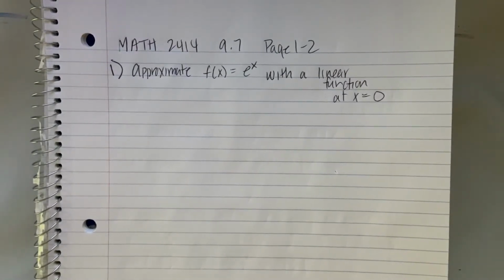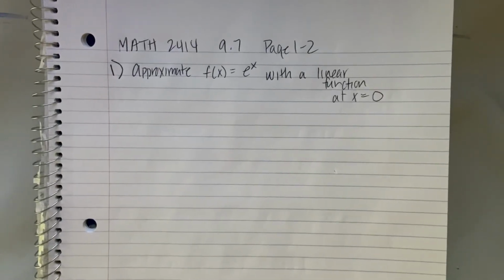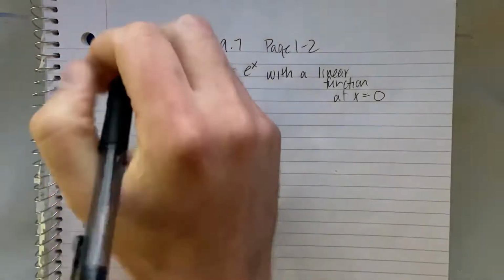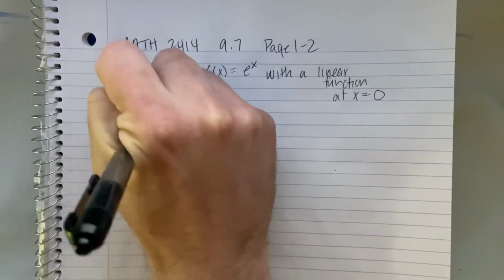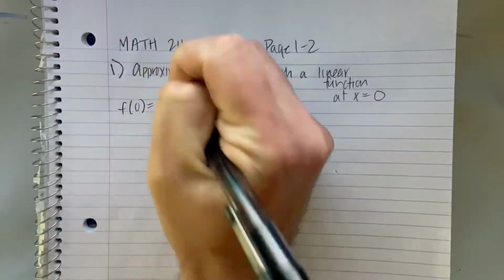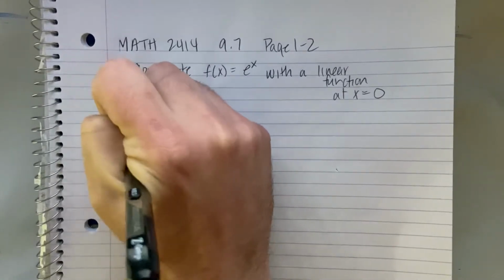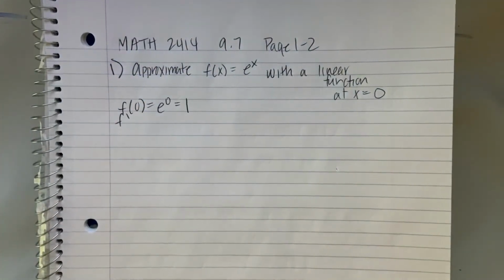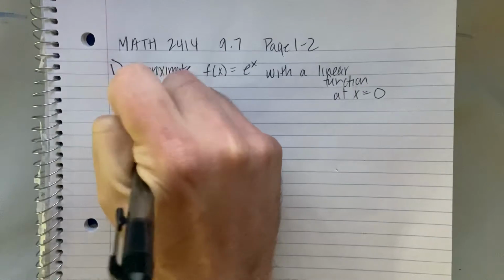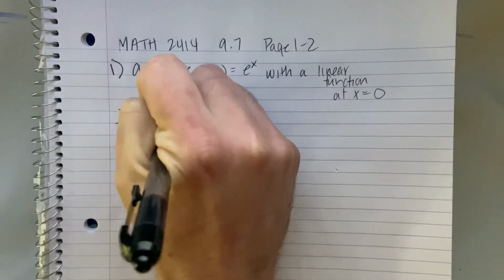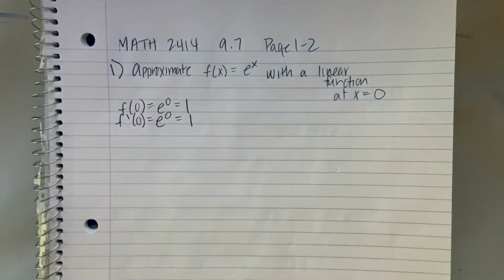It's 1. Okay, so we know f of 0, e to the 0, is 1. Now, what is f prime, what's the derivative of e to the x? It's e to the x. So what's f prime of 0? It's still e to the 0th, which is 1.